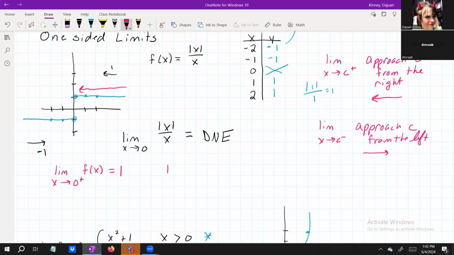From the other way, as we approach 0 from the negative side, we go to -1. This is our right limit. And this one is our left limit.